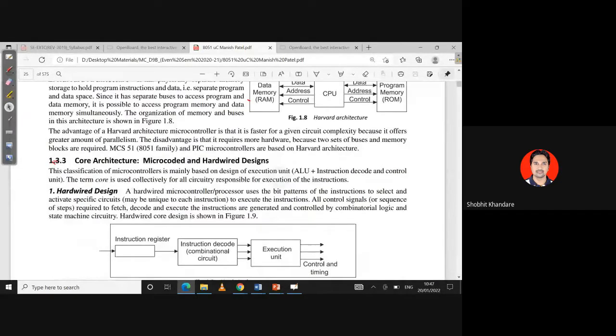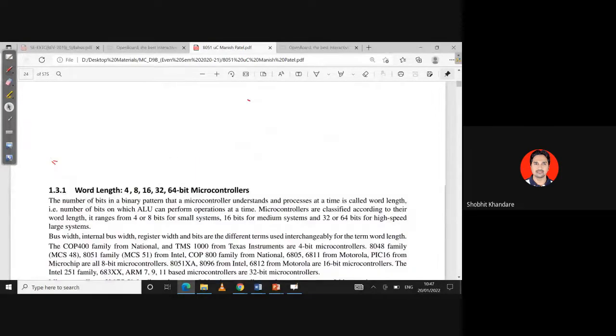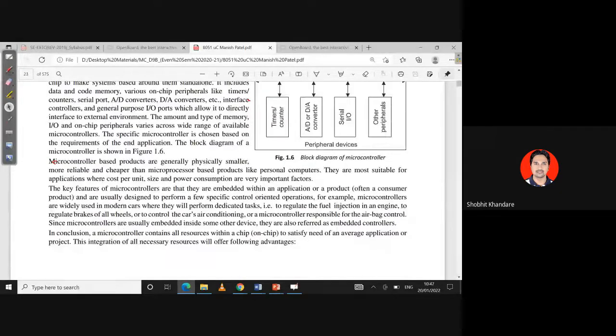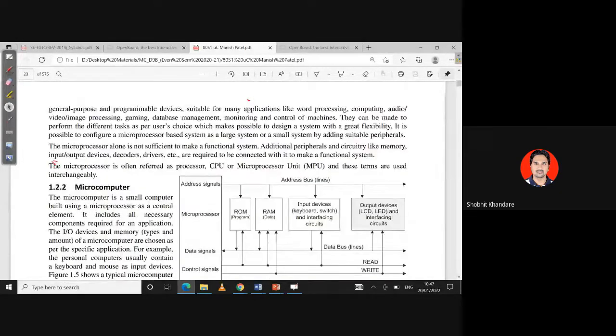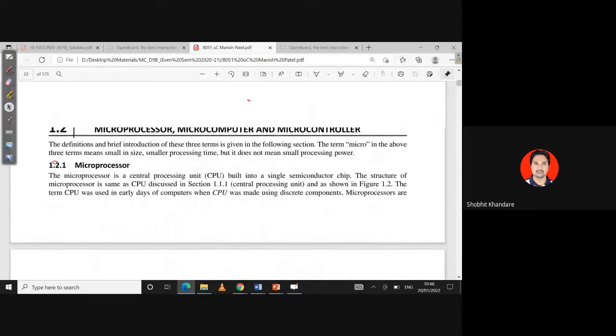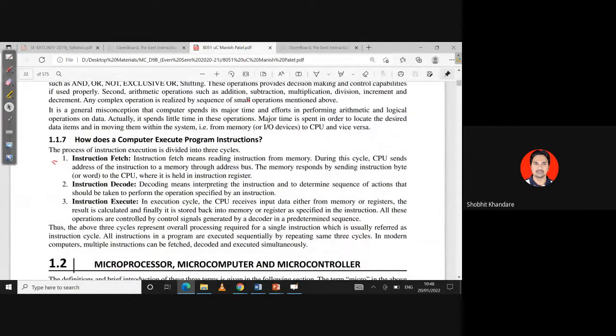Yes. Can you see here now? Instruction fetch. So what is written there? See, instruction fetch means reading instruction from memory.